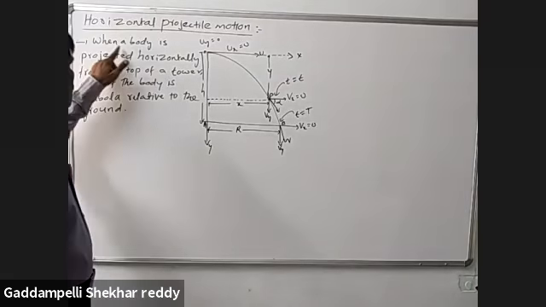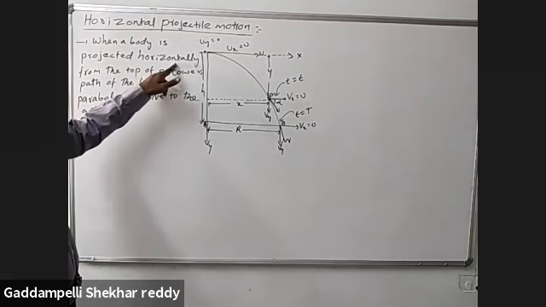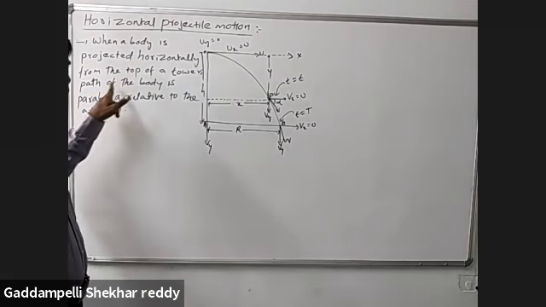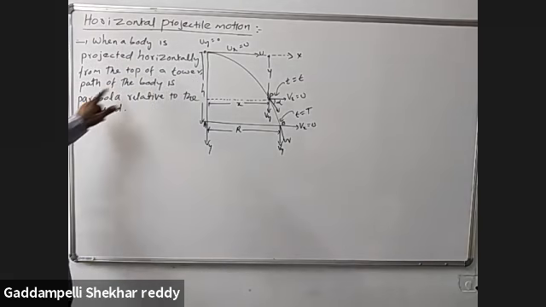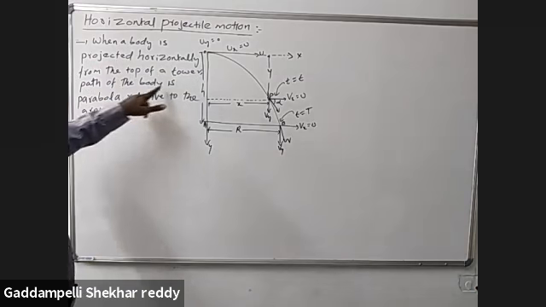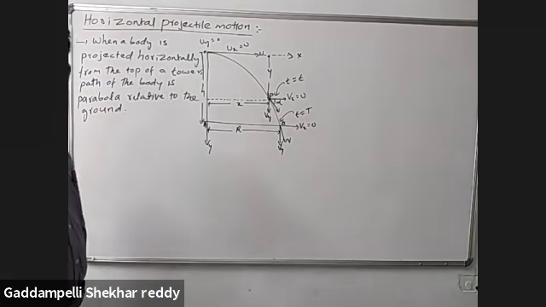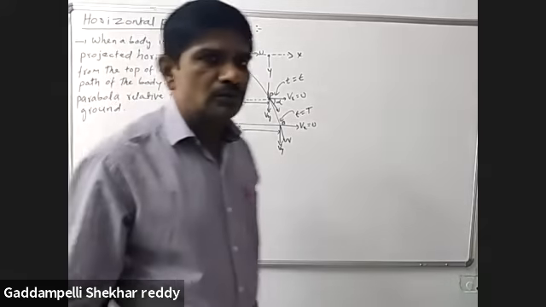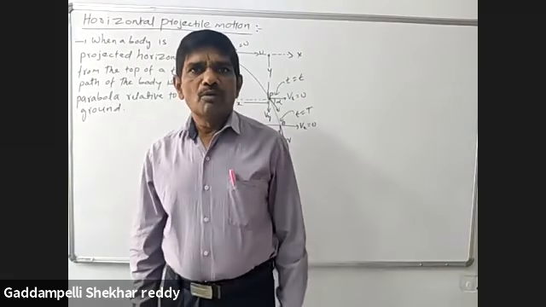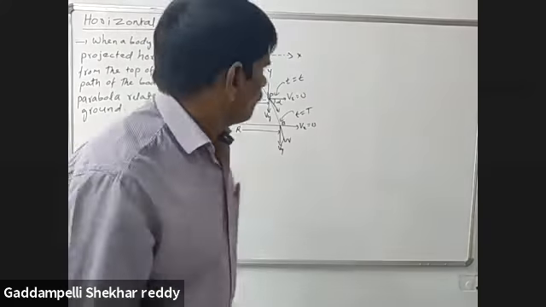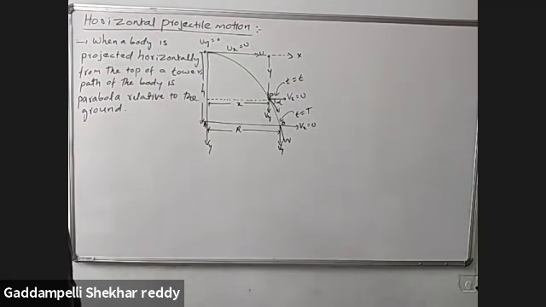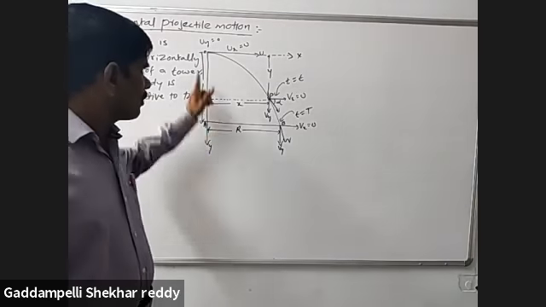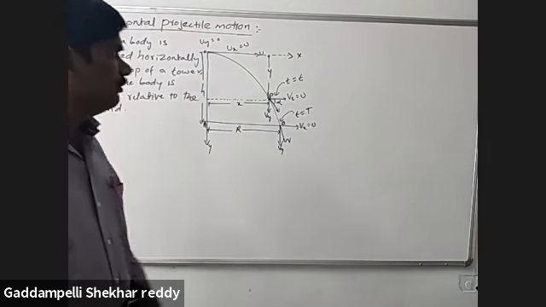So when a body is projected horizontally from the top of a tower, the path of the body is a parabola relative to the ground.